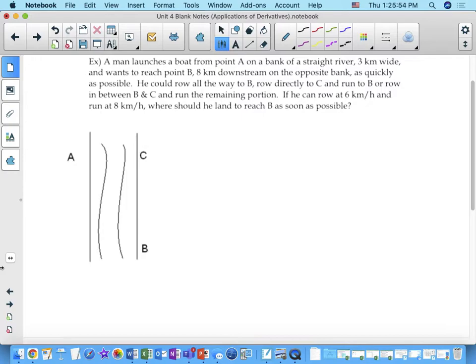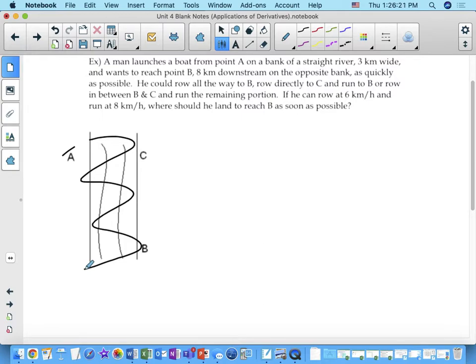All right, a man launches a boat. And by the way, you may not get this diagram off to the side, so I'm just going to cross that off and pretend it's not there. A man launches a boat from point A on the bank of a straight river 3 kilometers wide and wants to reach point B 8 kilometers downstream on the opposite bank as quickly as possible.